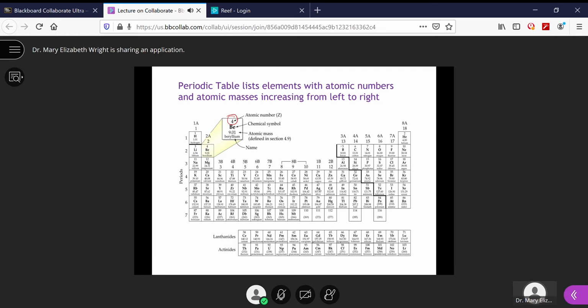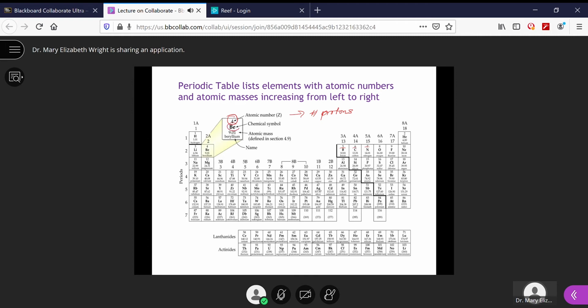So for boron, it's 5, carbon 6, nitrogen 7. But atomic number, again, is equal to number of protons, which increases as we go across and down the periodic table.